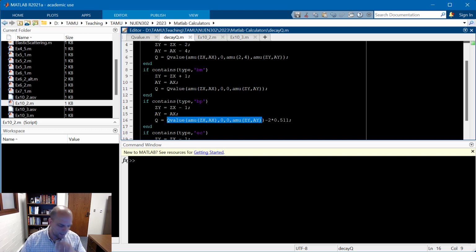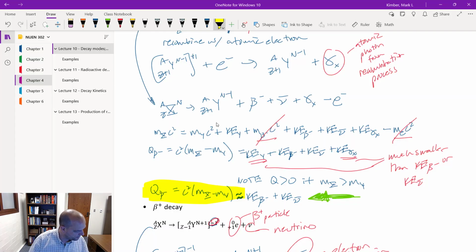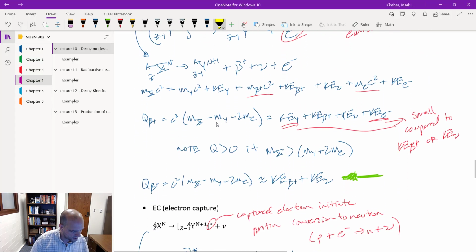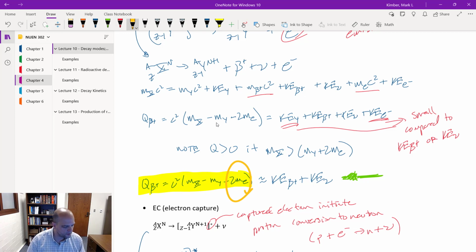But if we go back to the expression for my beta plus decay, notice I have these extra 2 here. I've got my extra 2 electrons. That's the difference between the Q value expression for beta plus and beta minus.